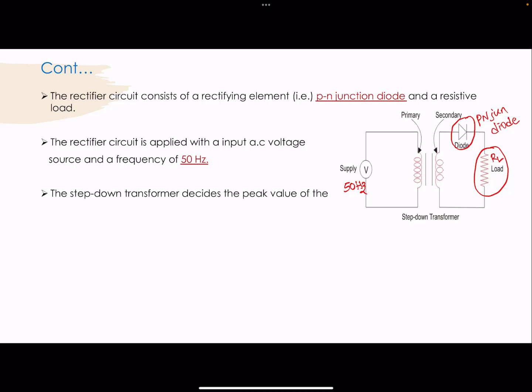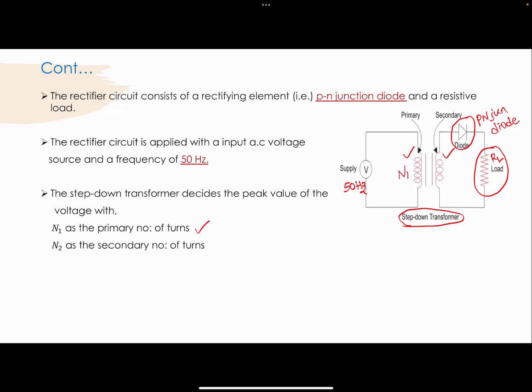And the rectifier makes use of a step-down transformer which decides the peak value of the voltage. So if you see here, this is the step-down transformer with the primary windings and the secondary windings. And this decides the peak value of the voltage, with N1 as the primary number of turns, so this is N1, and N2 as the secondary number of turns, this is N2.